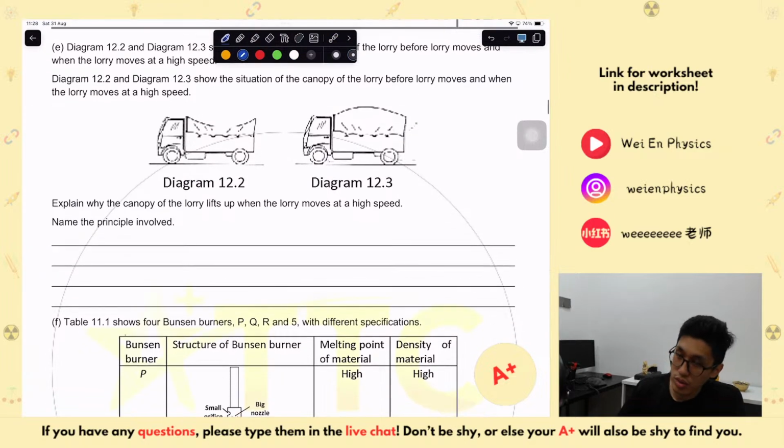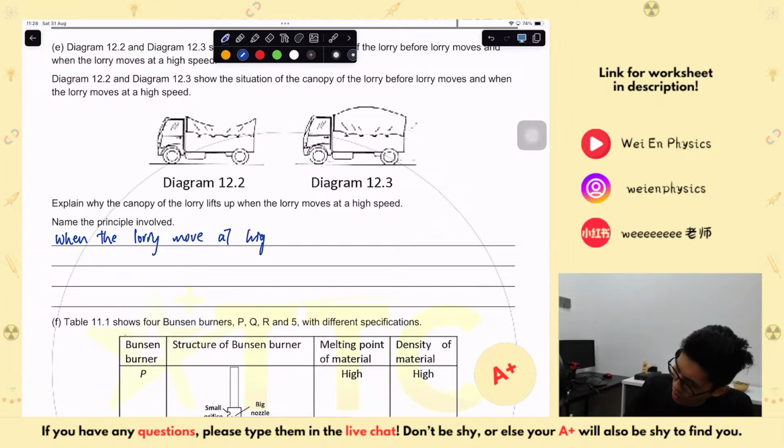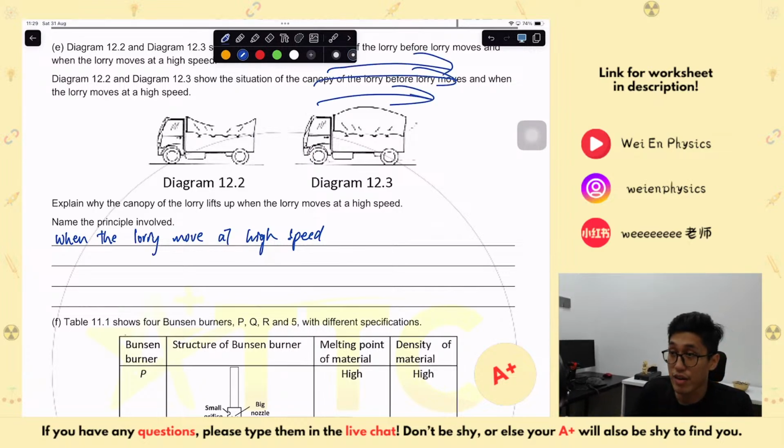So you say, when the lorry moves at high speed, what happened to the air? The air up there will be flying very fast, because the lorry is moving forward. But inside the lorry, the air is not doing anything.